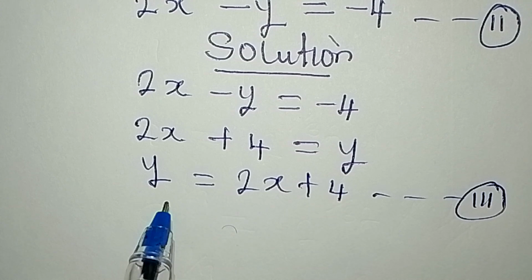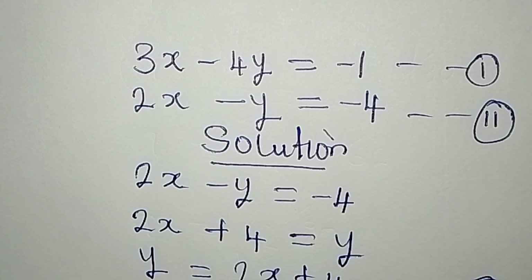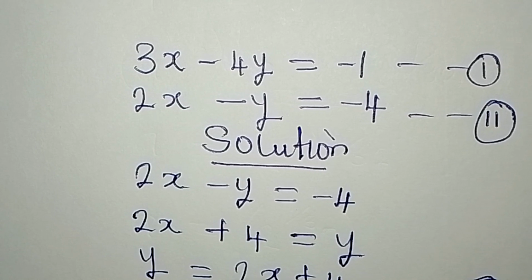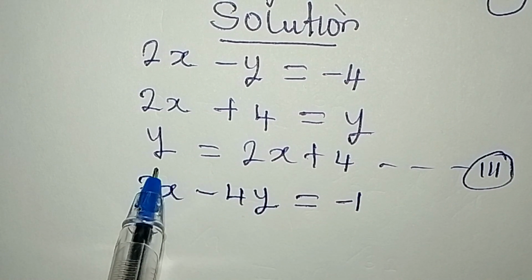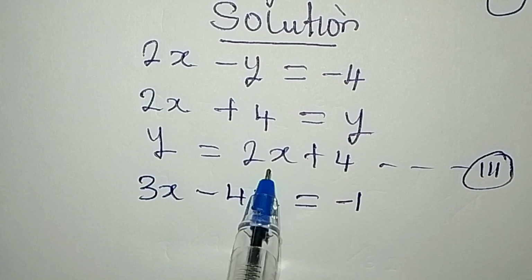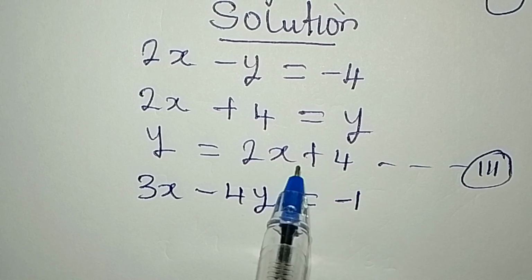Now put this equation 3 into equation 1. What's our equation 1? 3x minus 4y equals minus 1. Now in place of y, I will just write 2x plus 4.